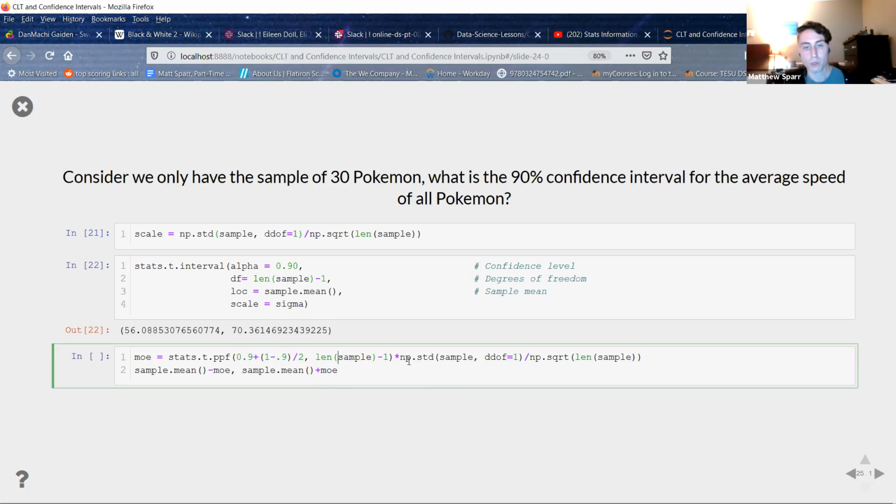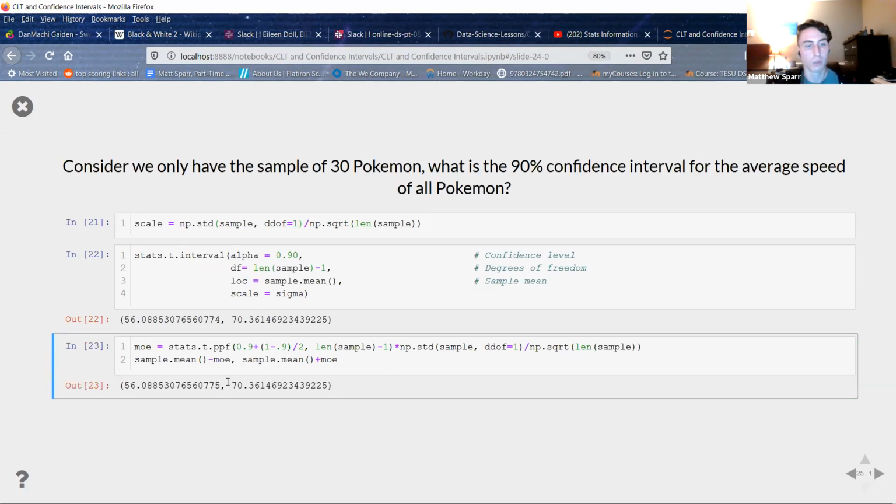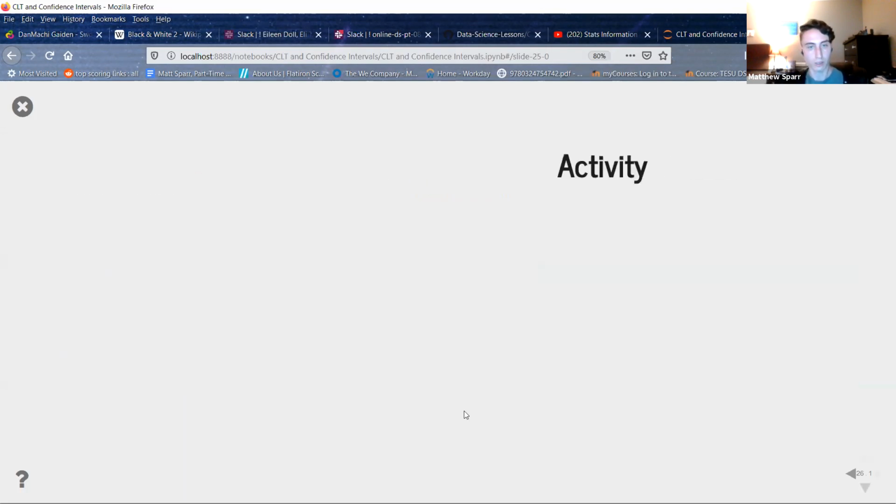And then according to the formula, we just multiply by the sigma, which is the standard deviation of the sample. And again, we have to set the ddof, difference degrees of freedom, to 1. And then we divide by the square root of the sample size. And then if we add that margin of error and subtract it from the mean, then we should get the exact same answer as using the interval method. So you can do it either way. It's probably easier to do it with just the interval, so you just do it all in one line. But you can always check your answer doing it the longer way.